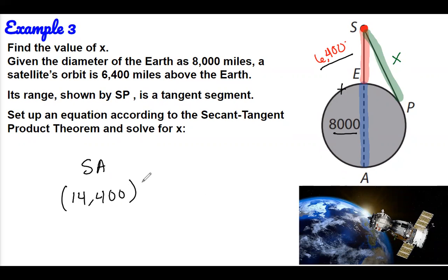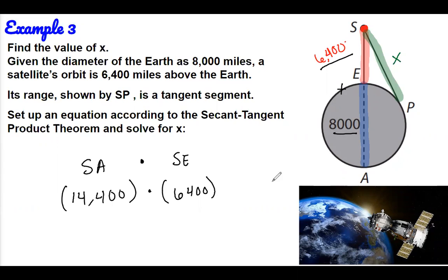Yes. Because my secant is the whole entire length, what is the exterior piece? SE, 6,400. Same procedure that we were doing with the secant: the entire length of my secant times the external piece.